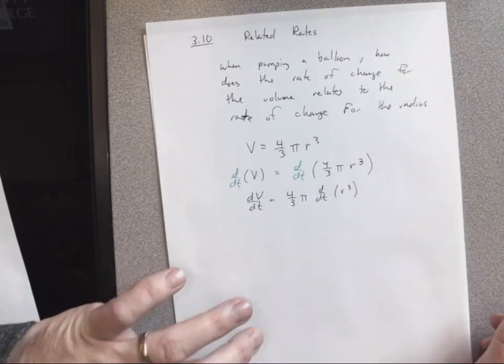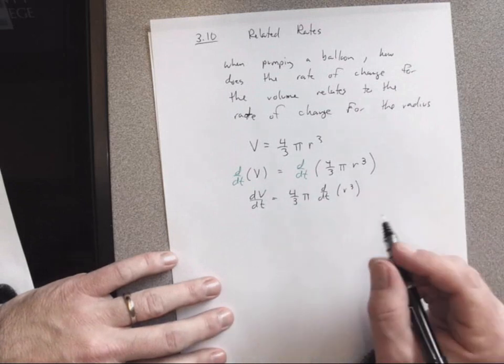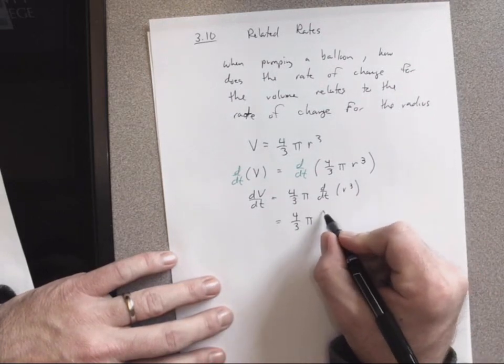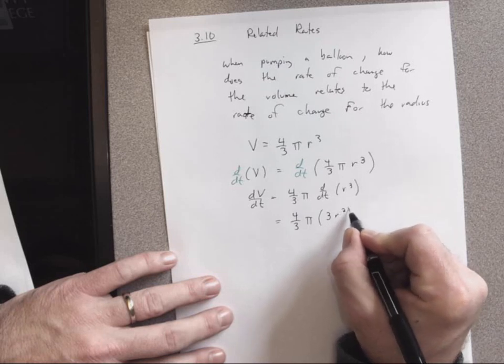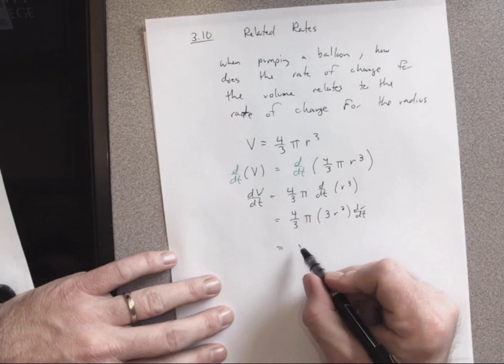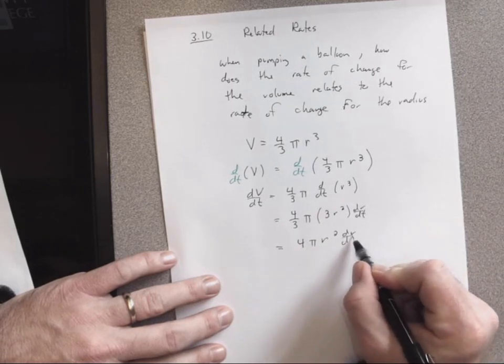The derivative of r cubed would be 3r squared, but r is not t, so you have to follow it by dr dt. So this is 4/3 pi times 3r squared dr dt, which simplifies to 4 pi r squared dr dt.